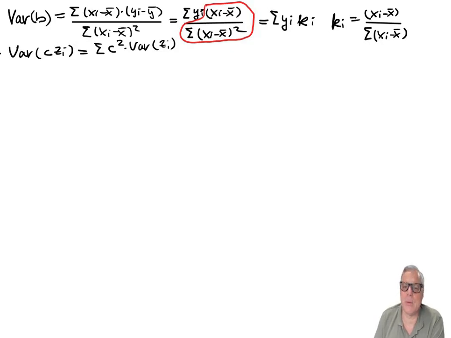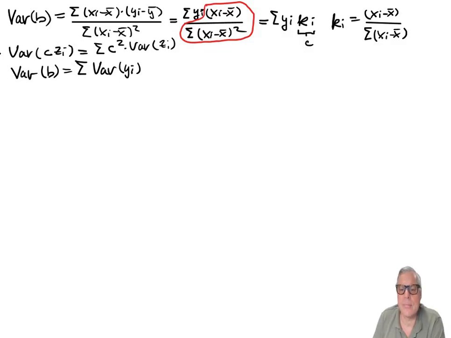Well, we do the same now here. So we treat ki like a c, and yi is actually our random variable. So that means the variance of b can be written as the sum of the variance of yi times ki squared.